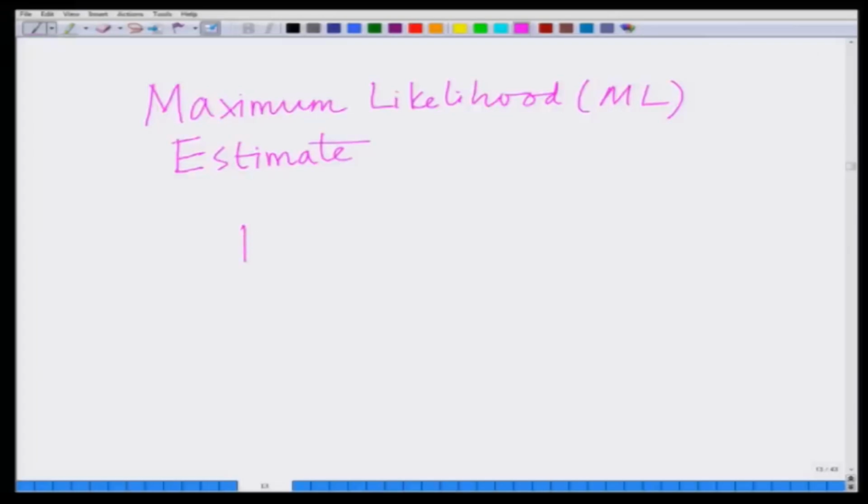The ML estimate, that is h hat, the maximum likelihood estimate of the unknown parameter, is basically 1 over n summation k equal to 1 to n y of k.